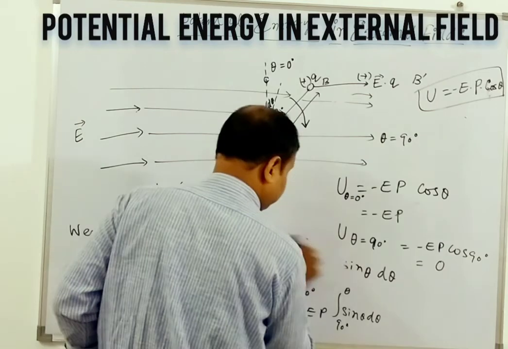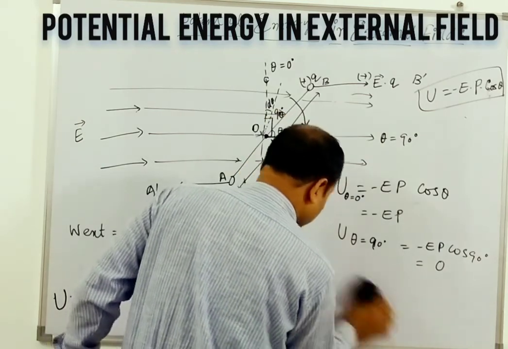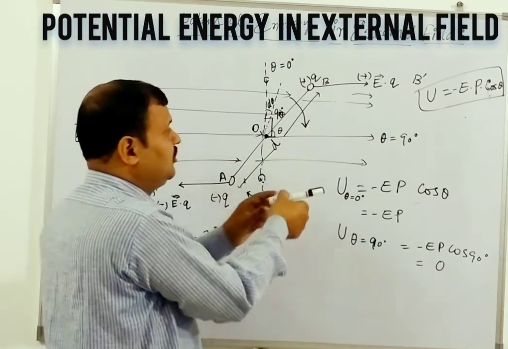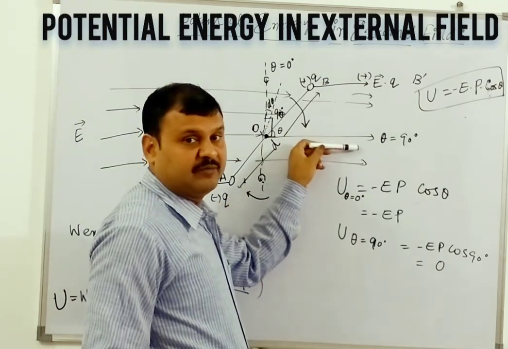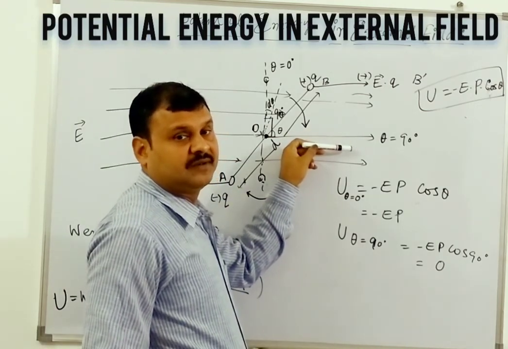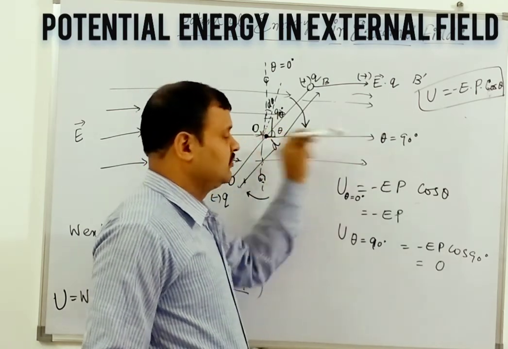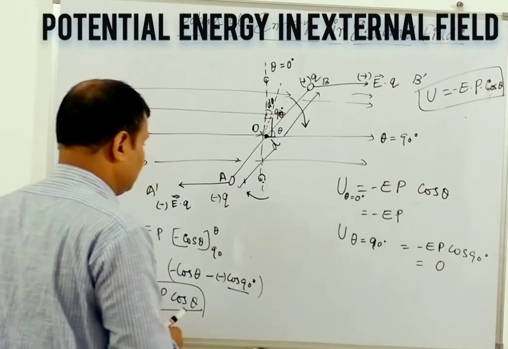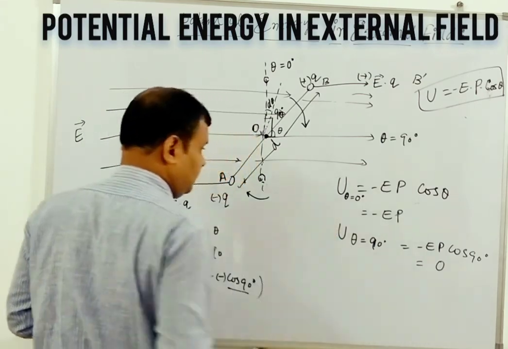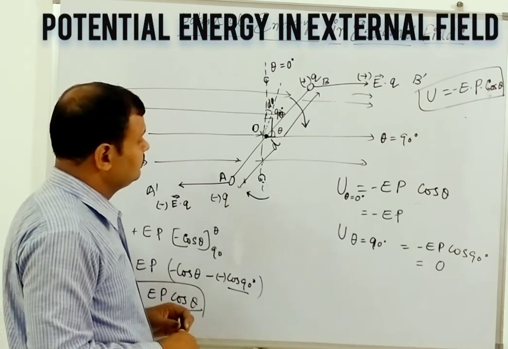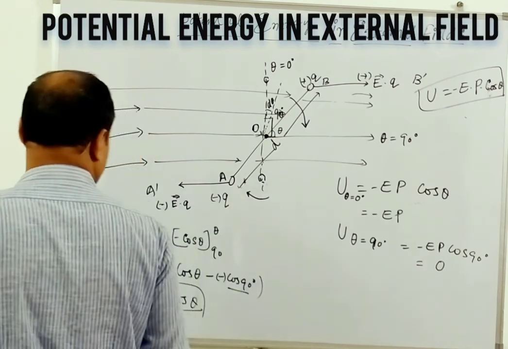Once this dipole has moved into the direction parallel to the electric field, it will not feel any potential. It will start moving in this parallel direction. So we needed to do some work as external energy. Okay? So I hope you have understood.